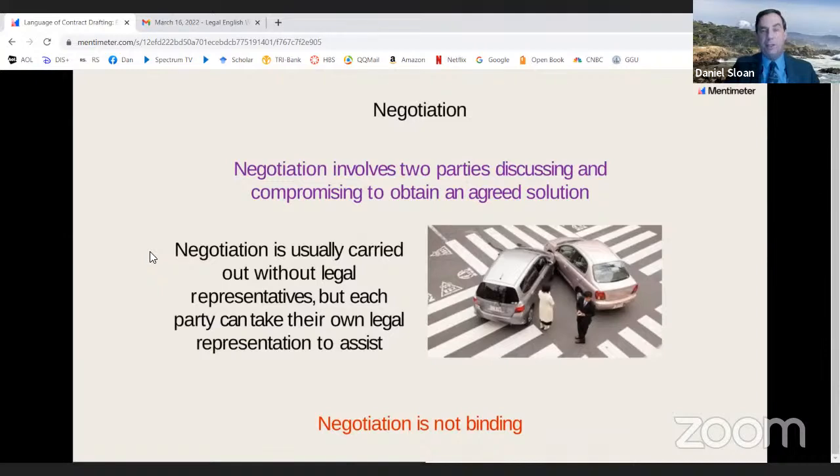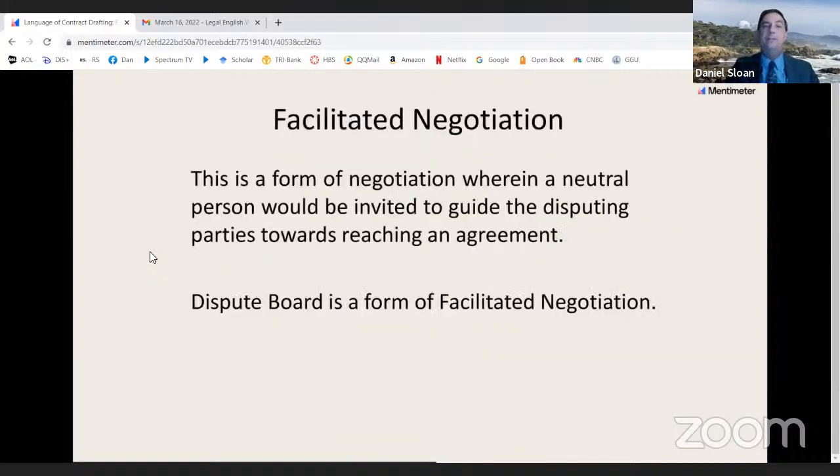Negotiation involves two parties discussing and compromising to obtain an agreed solution. It is usually carried out without legal representatives, but each party can take on their own legal representation to assist, and negotiation is not binding.